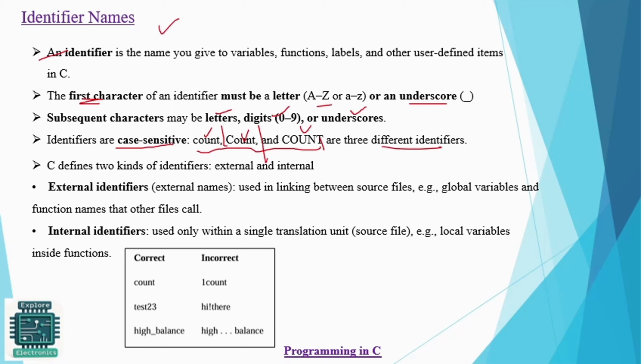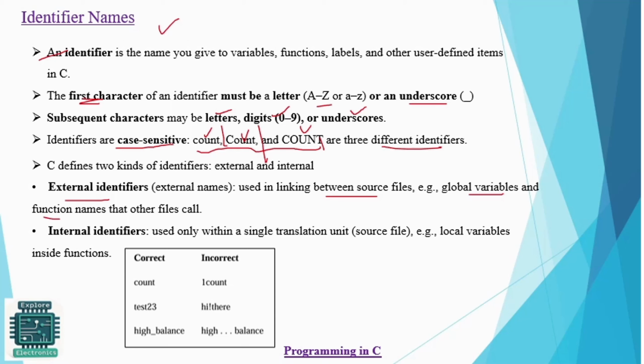Now, in identifiers, we have two types: external names and internal names, or we can call them external identifiers or internal identifiers. What is meant by external identifiers? External identifiers are used in linking between source files. For example, global variables and function names that other files call.